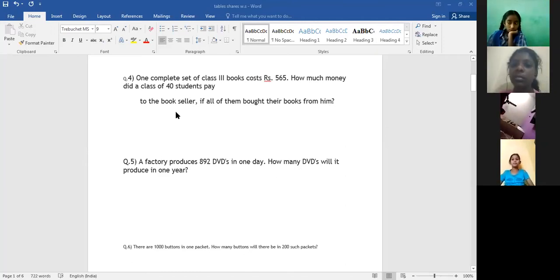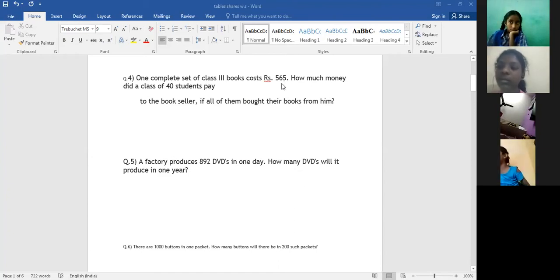No. Multiplication only. One complete set of class 3 books means a set of books, a bundle of books for each child. For one child, 565. How many children purchased? 40 students. So 565 into 40.